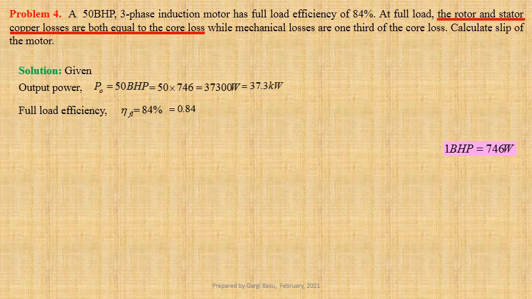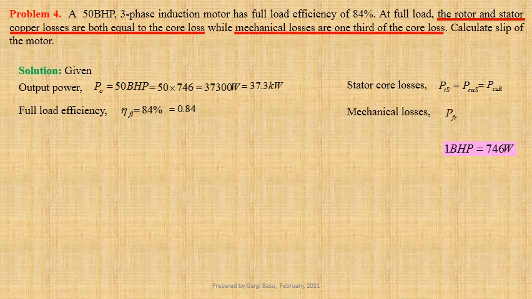Therefore, we can write stator core losses PIS equals P copper S equals P copper R, where P copper S and P copper R are copper losses in stator and rotor respectively. According to the problem statement, mechanical losses PFR equals 1/3 of PIS.